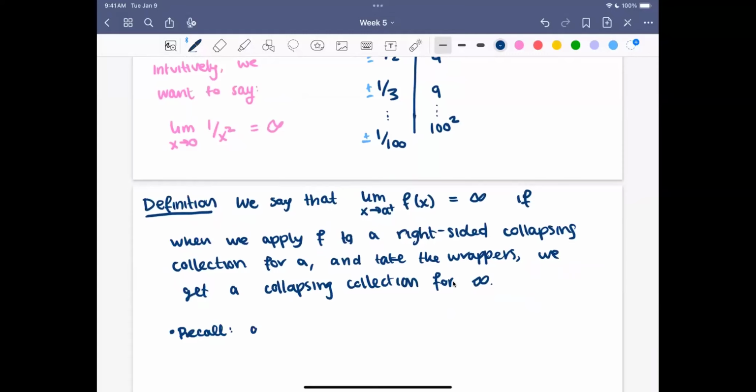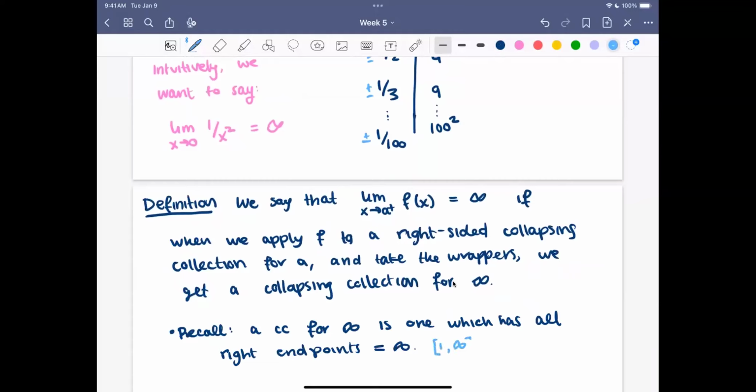So as an example, this could look like 1 comma infinity, and you never write a closed bracket here, just by convention, because infinity isn't a number, it's just a symbol.